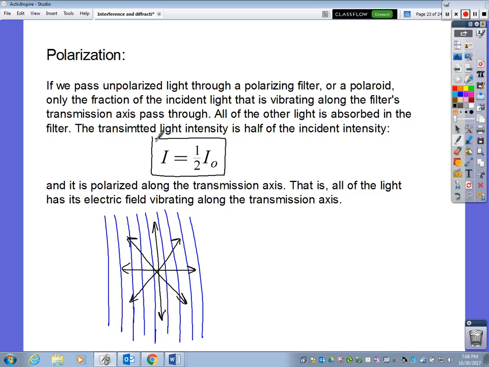When we look at the total that gets through, the intensity through the polarizer is half of the intensity of light coming into the polarizer. Also, the light coming out of the polarizer is going to be just polarized up and down.